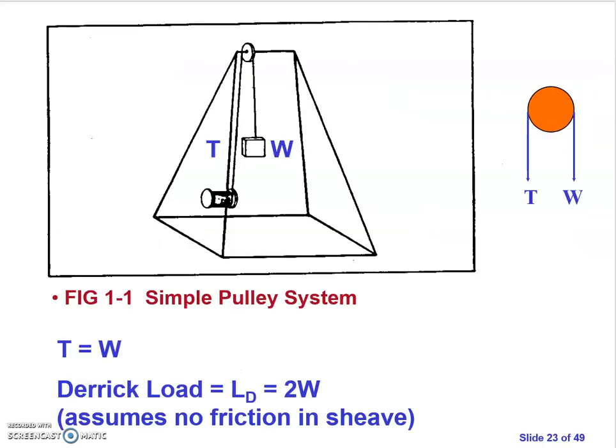If you want to define the mechanical advantage, it is defined as the weight that the traveling block is handling divided by the force which is imposed on the drawworks. Let me go back to that figure there, and maybe we can see it better.